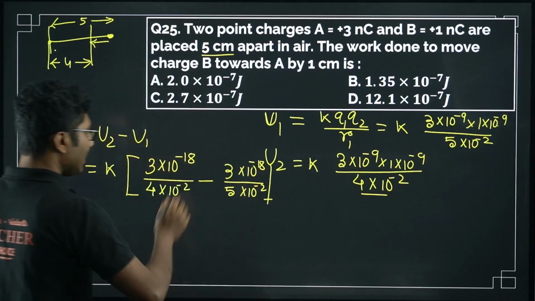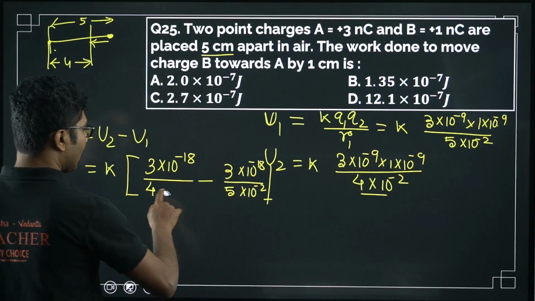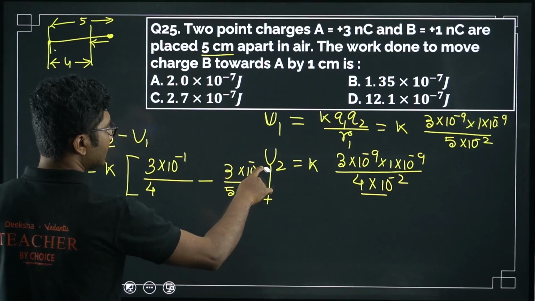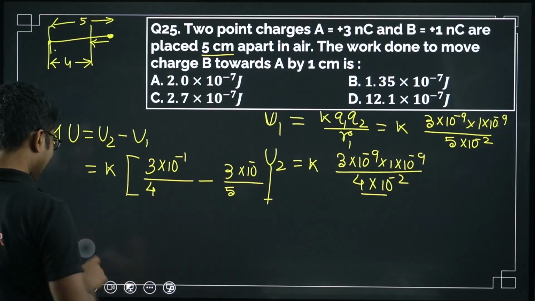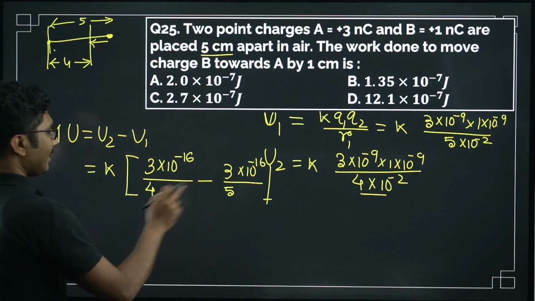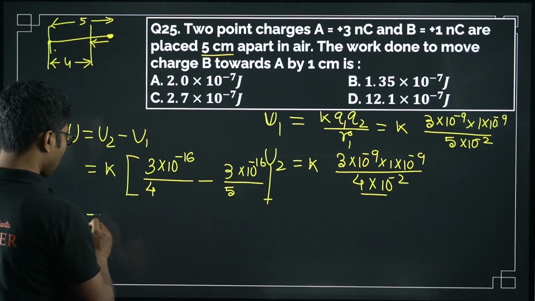So if you just simplify it, this will go up and it will become plus. Similarly, this will go up and it will become plus. So you will get 10 to the power of minus 16 here, minus 16 over here, and 3 by 4, 3 by 5, right? Now 3 into this thing comes common, so 9.